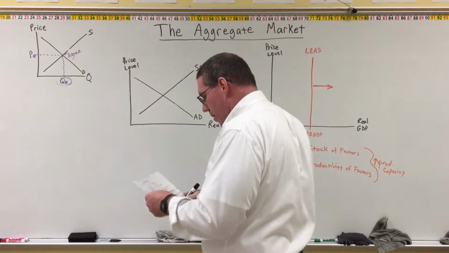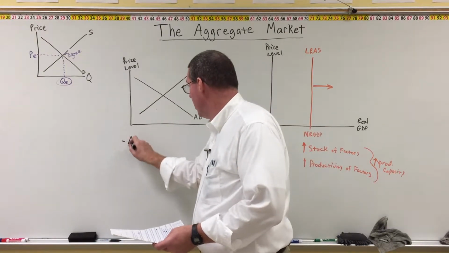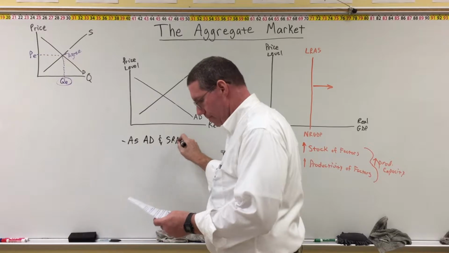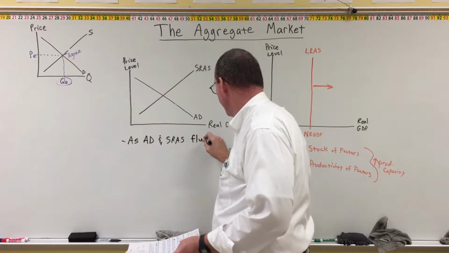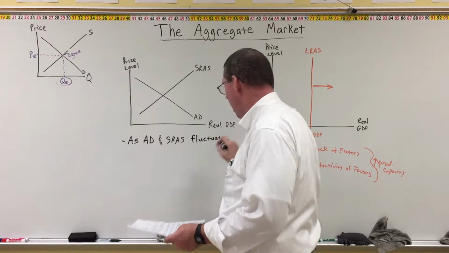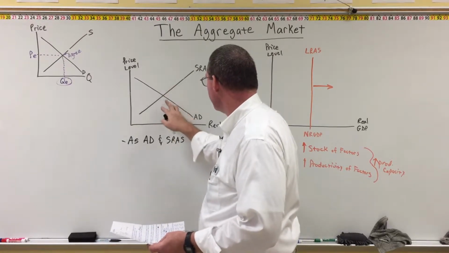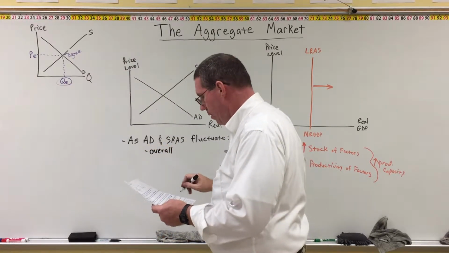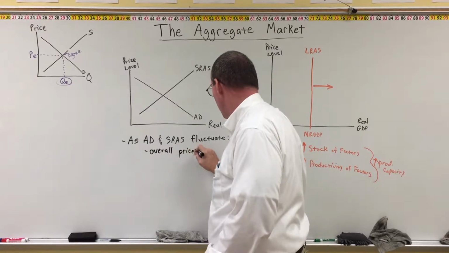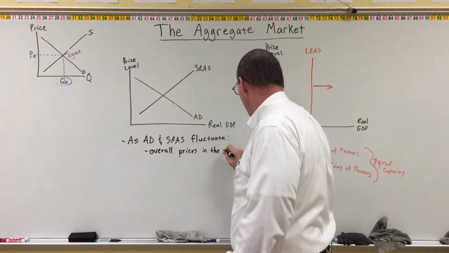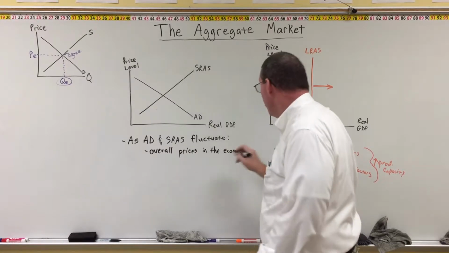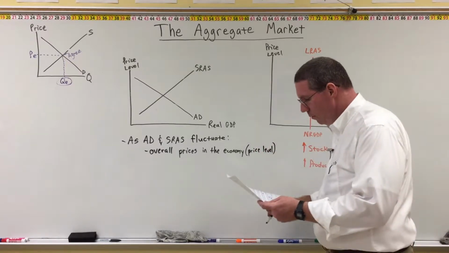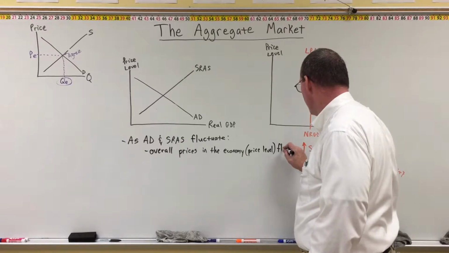What does equilibrium mean? As aggregate demand and short-run aggregate supply fluctuate in the economy, here's what happens. Overall prices in the economy, which we understand as the price level, also fluctuate.